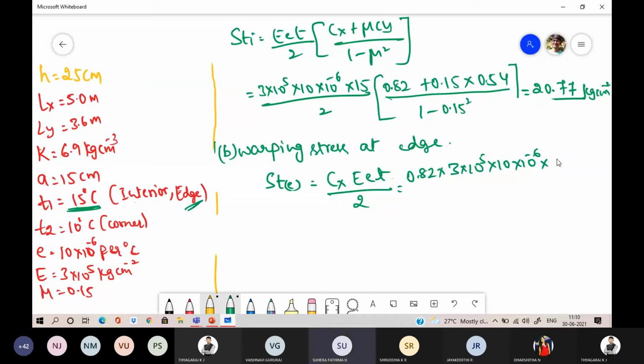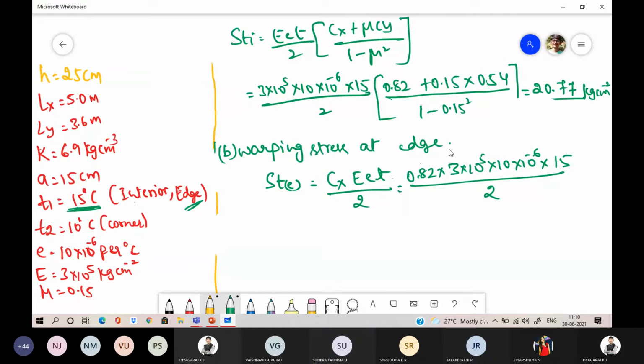Sir, after calculating both formulas, whichever value is highest, we can consider, no, sir? You can calculate that way also: by considering Cy also, you can calculate and check it. Yes, sir.